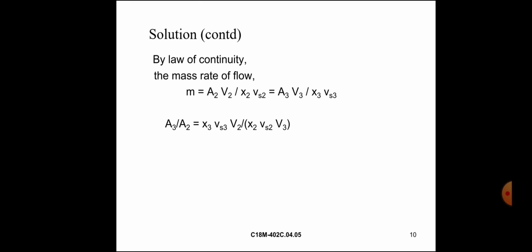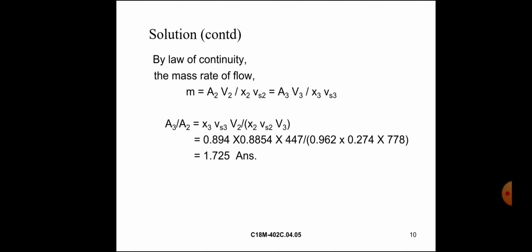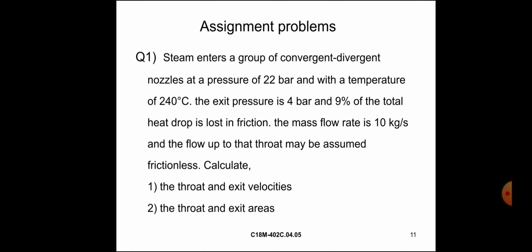So A3 by A2 is equal to x3 Vs3 V2 by x2 Vs2 V3, which is 0.9894 into 0.8854 into 447 by 0.962 into 0.274 into 778. Answer: 1.725.